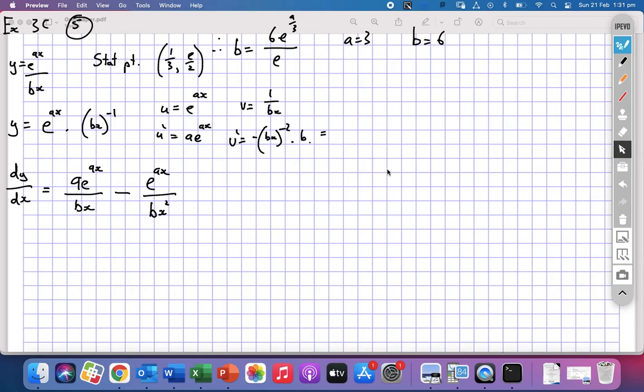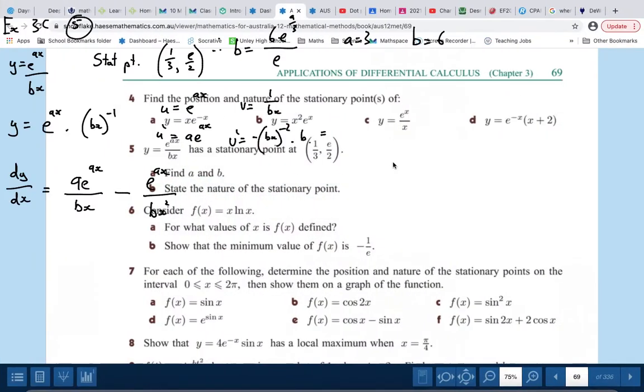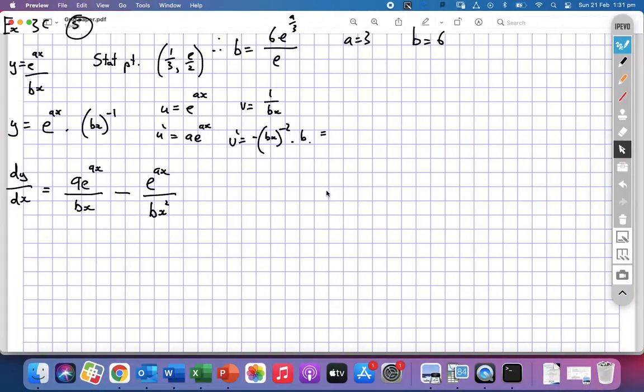So looking back at the question, find A and B, but then it says state the nature of the stationary point. I know what my A and B are now.